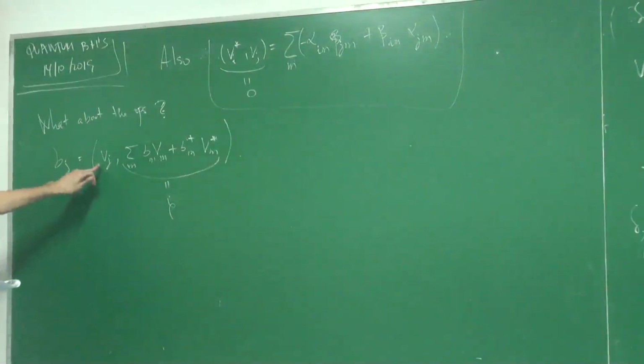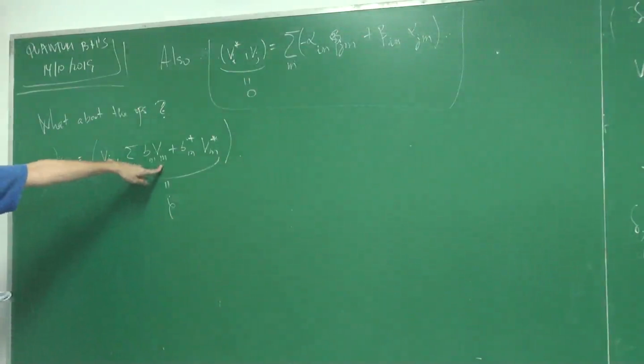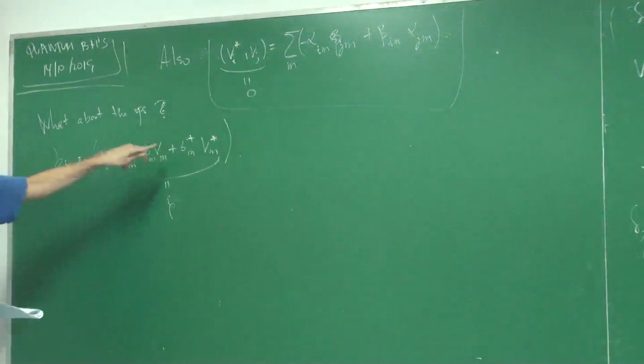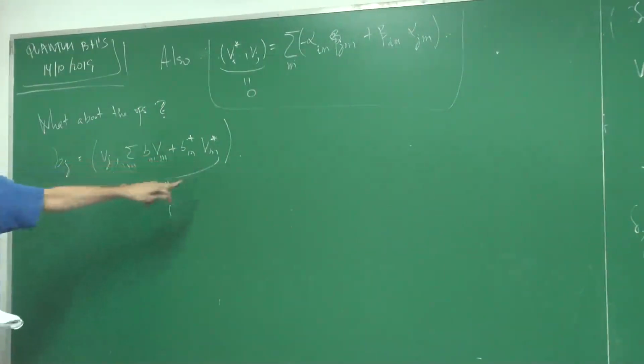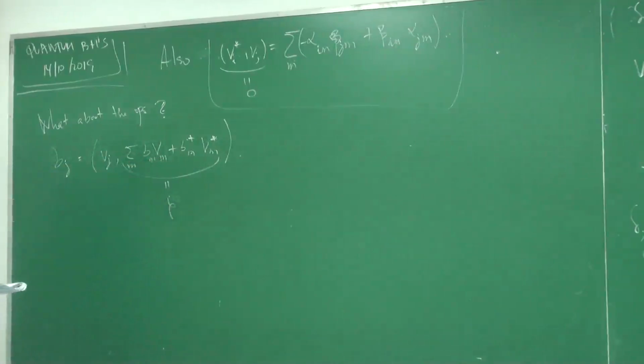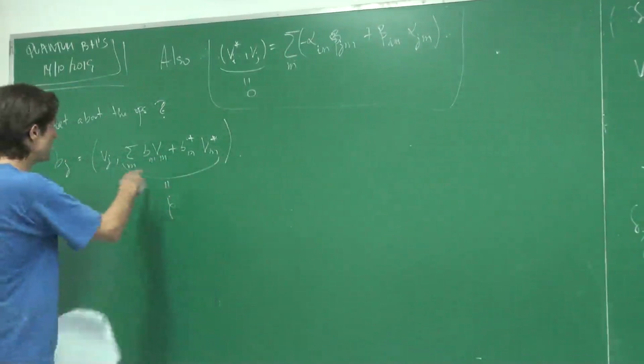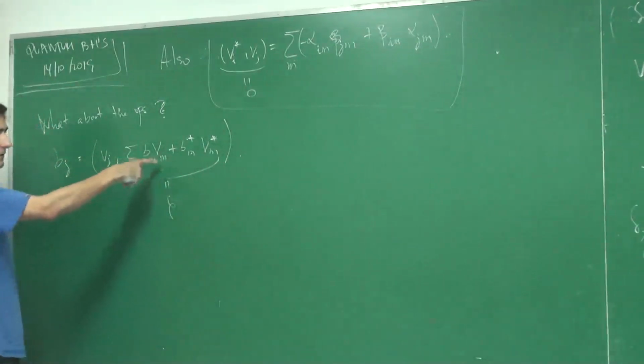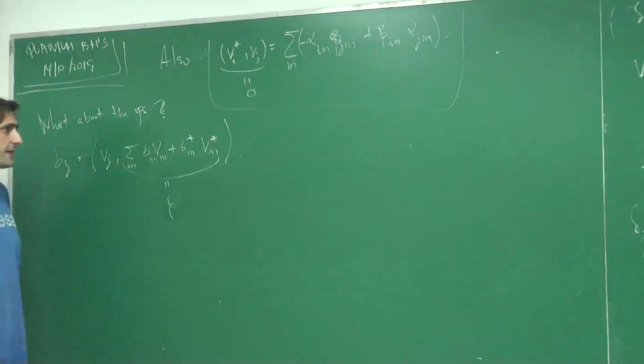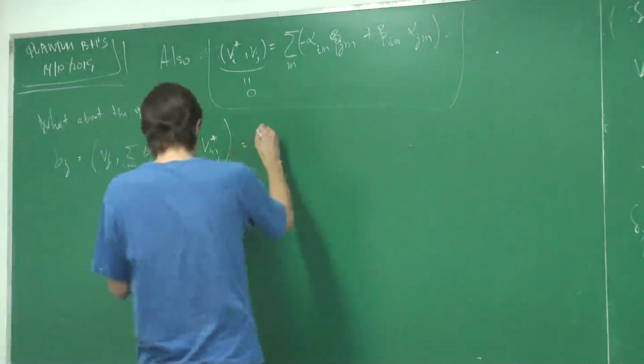Okay, this just comes from the fact that the Vj Vm gives you delta Jm, Vj Vm star just gives you 0. So you just pick this particular coefficient. And now you can do the same. Instead of evaluating phi in terms of the V set, you evaluate in terms of the U set.